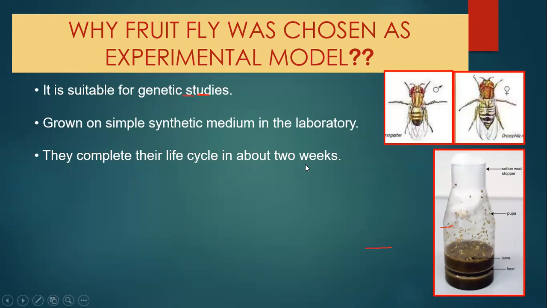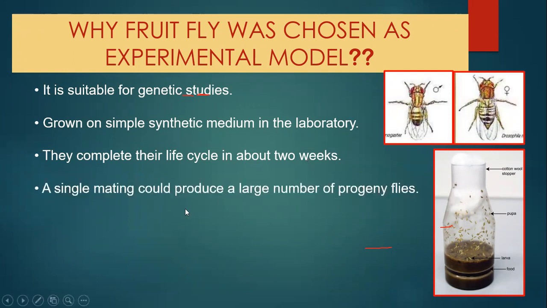If the life cycle is short, then the work will be completed within a short span of time and he will be able to see the results. A single mating could produce a large number of progeny flies. A large sample size provides credibility to the results.